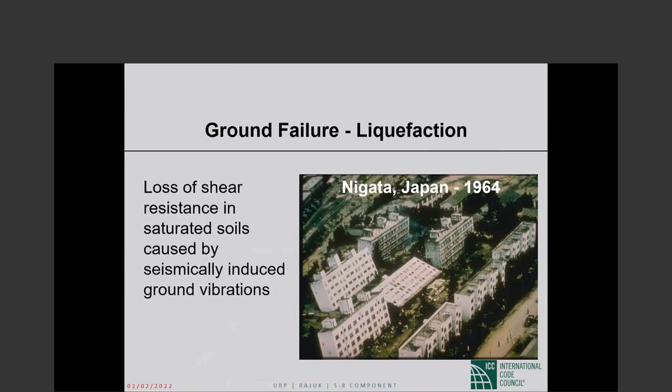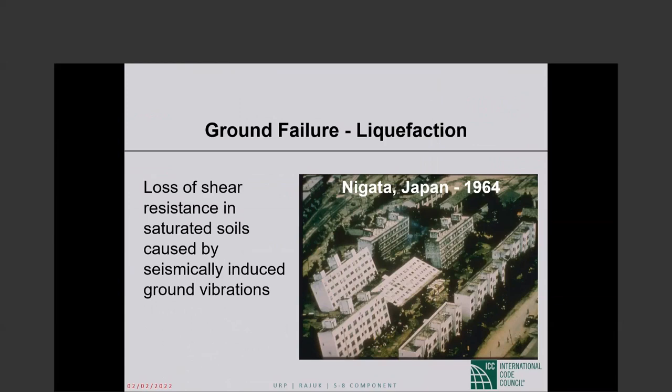Liquefaction: soil or ground becomes like liquid. Your house, I'm exaggerating, but it essentially becomes like a boat. It's not founded on soil anymore.